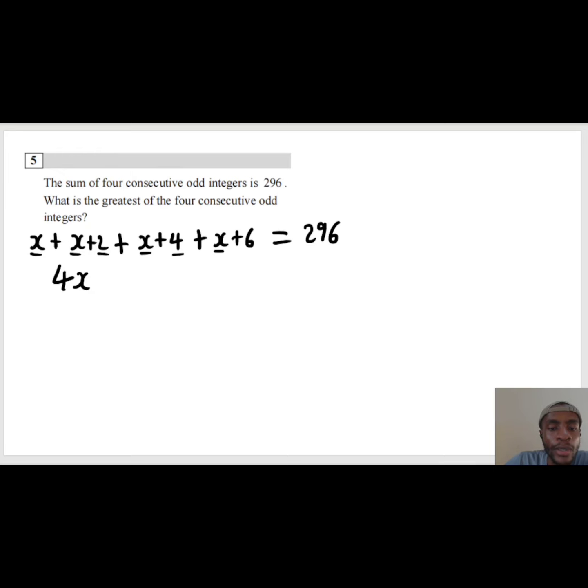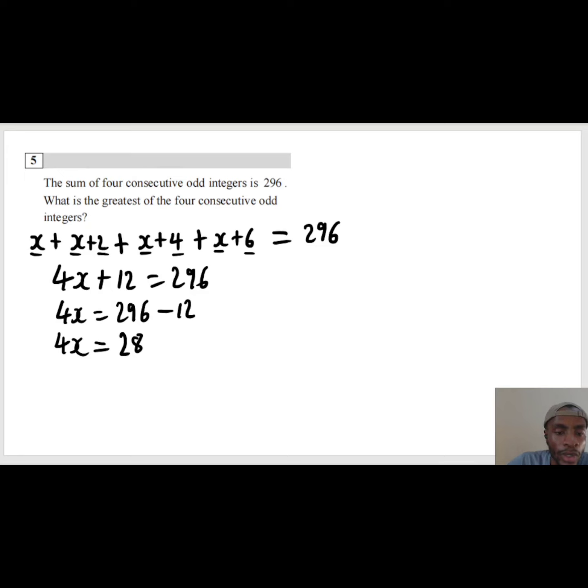2 plus 4 plus 6, that's what? 12. Equals 296. So 4x is equal to 296 minus 12. Then 4x will give me what? What's 296 minus 12? That's 284. Then we divide both sides by 4.